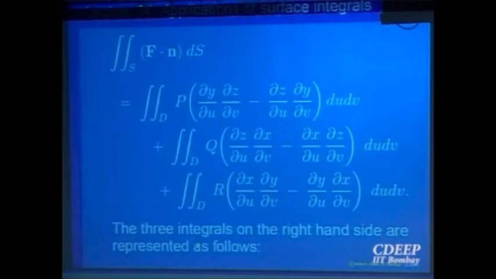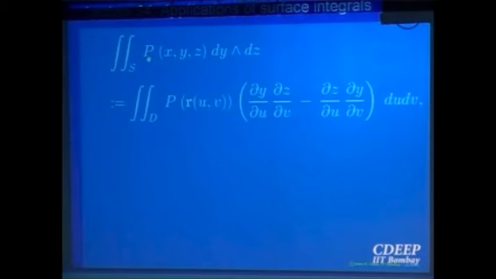So let me write down, you write P(x,y,z) dy wedge dz, okay. This is a surface integral which was on the right hand side, this complicated thing, right? So this will stand for this expression. It's just a notation. This integral is denoted by this. That's all, nothing more than that, okay. So then what does your F dot n look like?